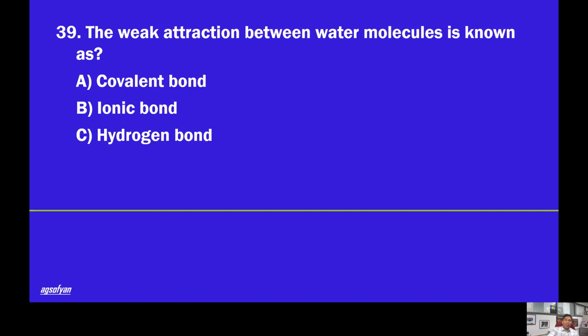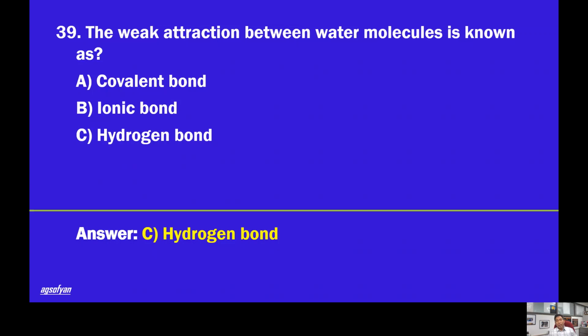Number 39. The weak attraction between water molecules is known as A. Covalent bonds, B. Ionic bonds, C. Hydrogen bond. Choose your answer. Yes, the answer is hydrogen bonds. So just remember, water is actually a polar molecule.